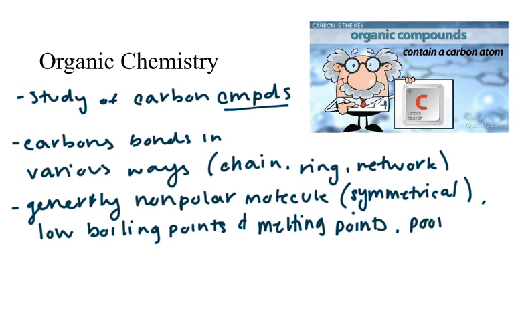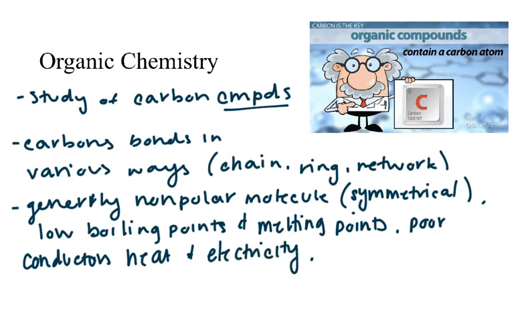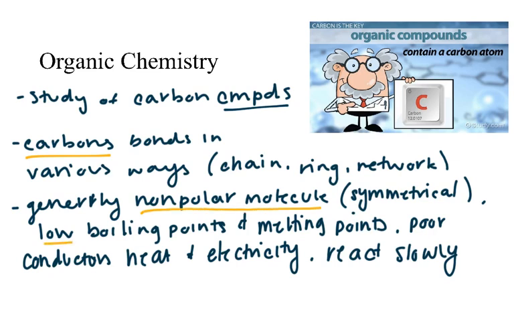They're poor conductors of both heat and electricity. And they react slowly. So the takeaways for organic compounds: they're carbon compounds, they're nonpolar, so they're symmetrical, low boiling and melting points, they're poor conductors, and they react slowly.